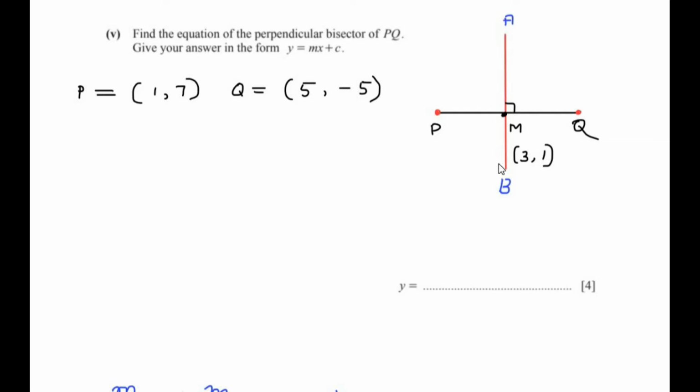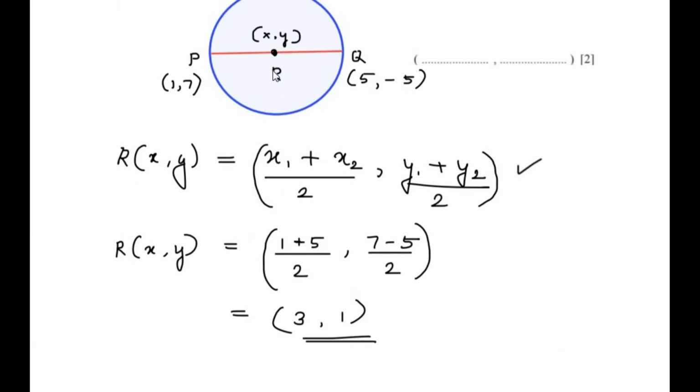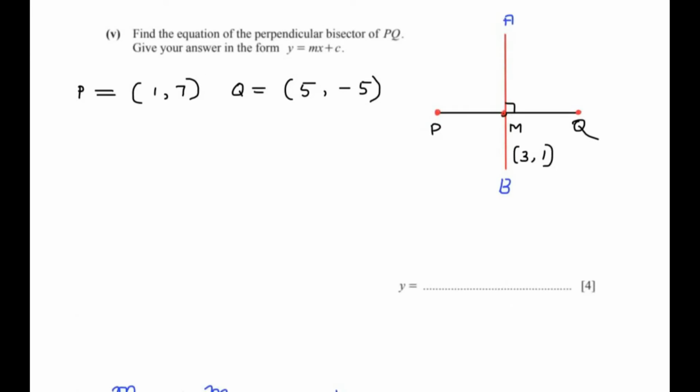So here we have drawn the line AB and it cuts the line PQ into 2 equal halves, which means M represents the midpoint of the line PQ. We had already got the midpoint of the line PQ as R, and it was (3, 1). So here we have considered the midpoint as M (3, 1).